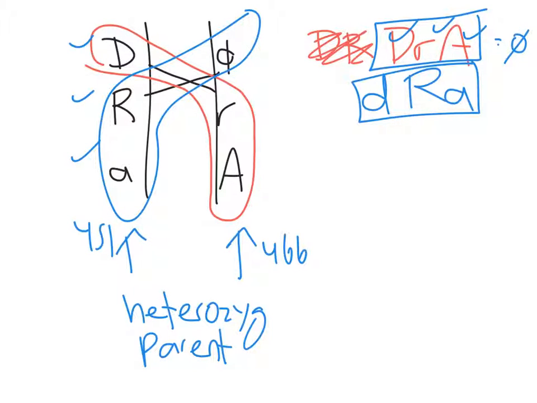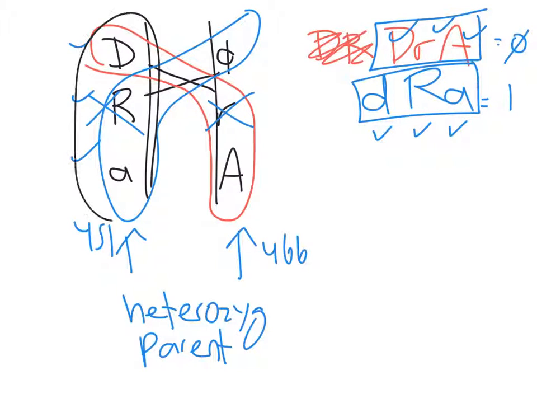And likewise, if we look back to the original chart of the lowercase d, uppercase R, lowercase a, that has a number of offspring that's 1. And that doesn't make any sense because we wouldn't expect a single crossover event to have the lowest abundance. So R probably isn't the thing in the middle. So we could try keeping the exact same parental genotypes, but we're just going to reorder them.